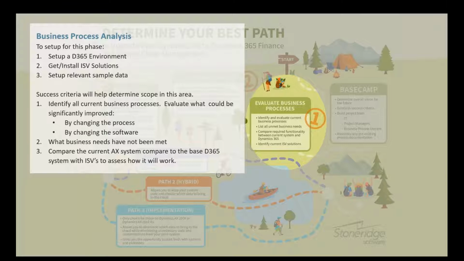We want to get you in front of D365 as soon as possible, because there are a number of learnings that implicitly occur to you and your team by being able to log in and look at the solution. And when you look at, for example, AX 2012 compared to Dynamics 365, a lot of those concepts are the same, right?